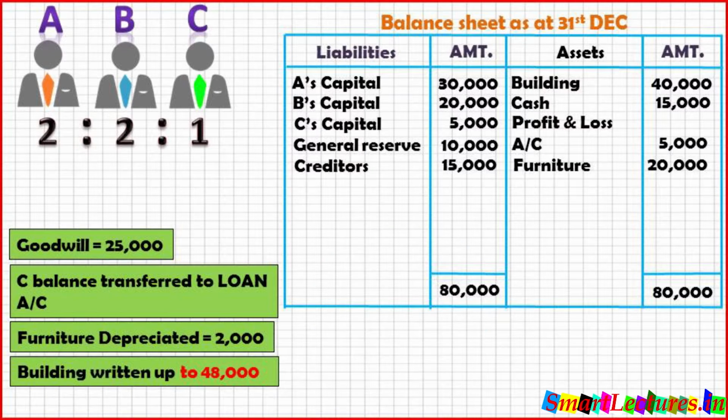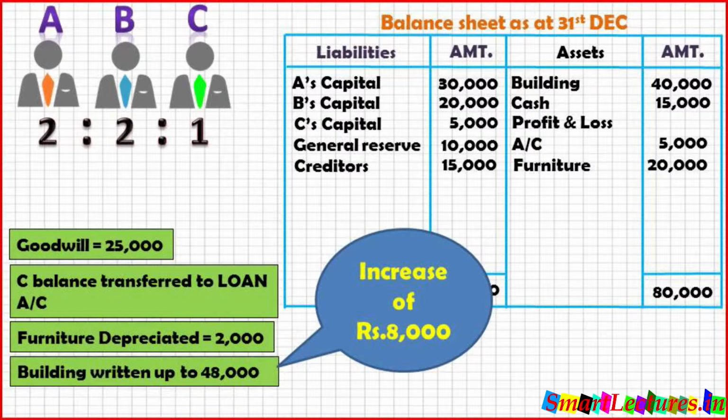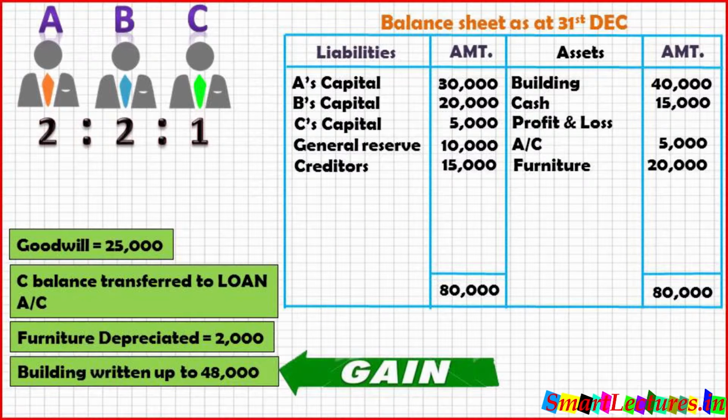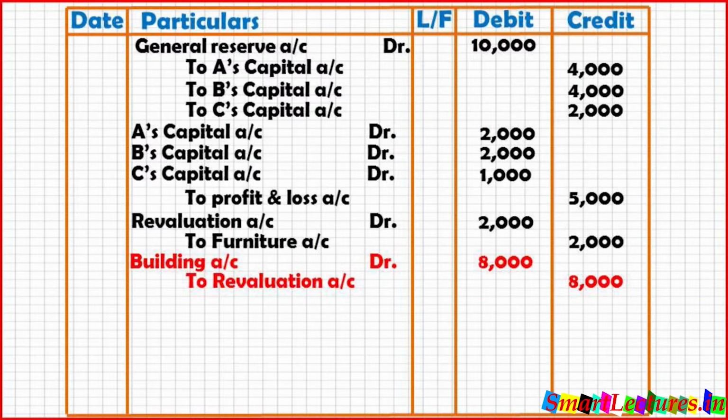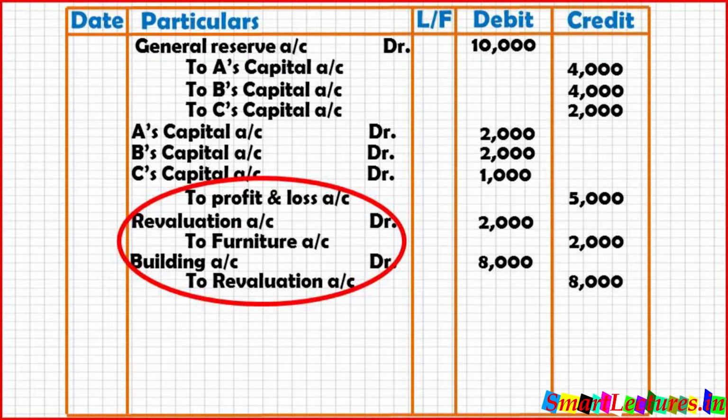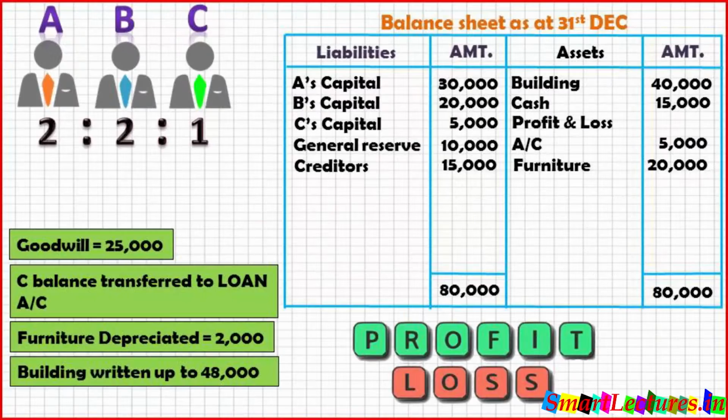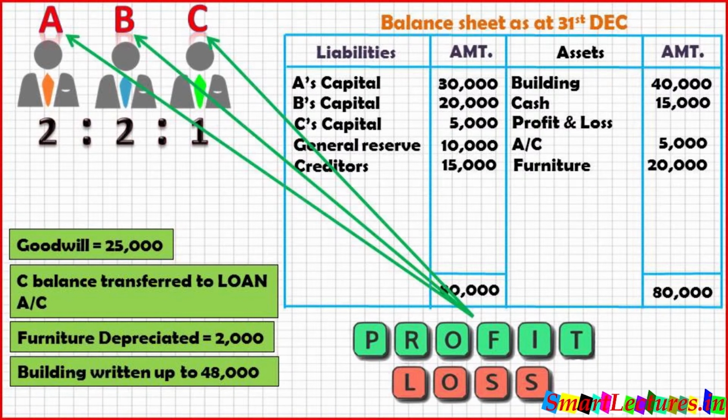It means there will be increase of rupees 8,000 in the value of building. It's a gain. So the journal entry will be building account debit to revaluation account rupees 8,000.